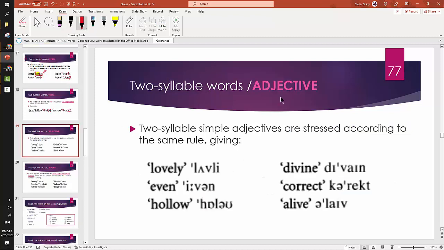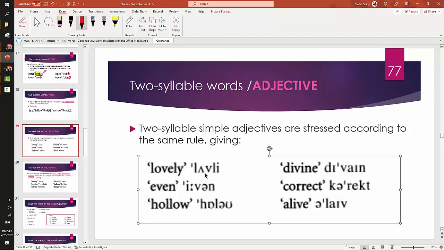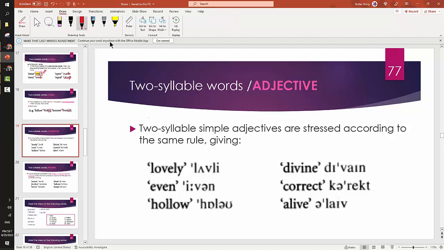Let's talk about adjectives. Two-syllable simple adjectives are stressed according to the same rule given. As we said for verbs, we will see which syllable is weak, and we will decide where we put the stress. We see here, like lovely.